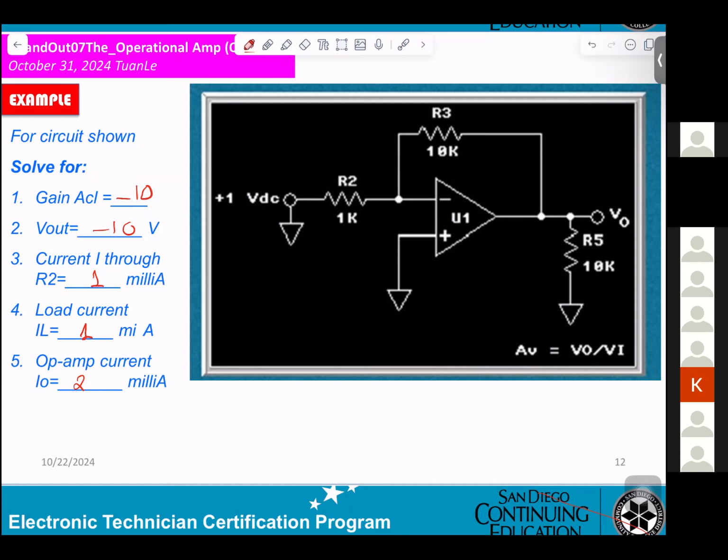And that's for non-inverting, right? No, that's for inverting. The minus sign is inverting, the plus sign is non-inverting. Input positive, output negative; input negative, output positive. If input is a sine wave, output will be a sine wave, however they will be 180 degrees out of phase, or opposite.